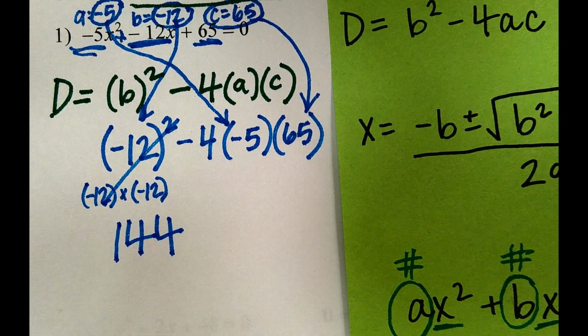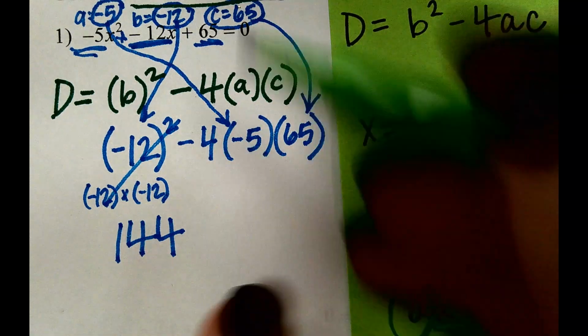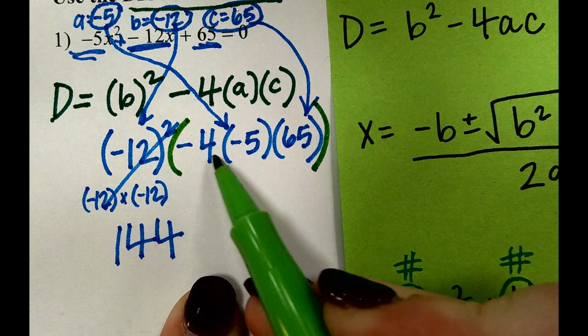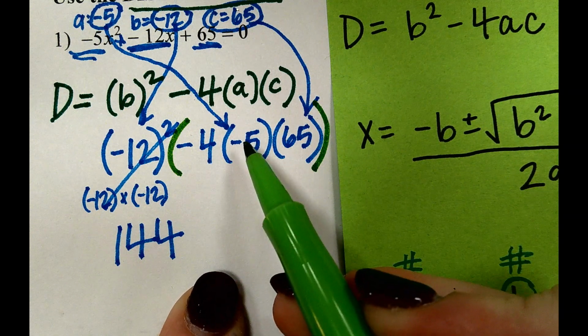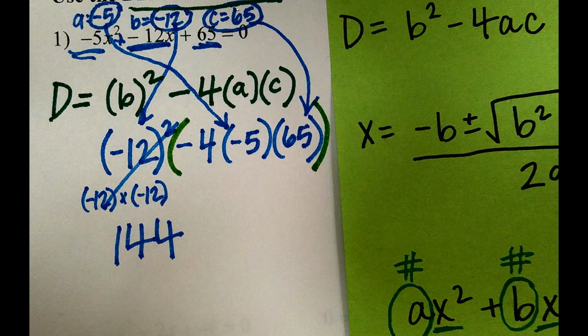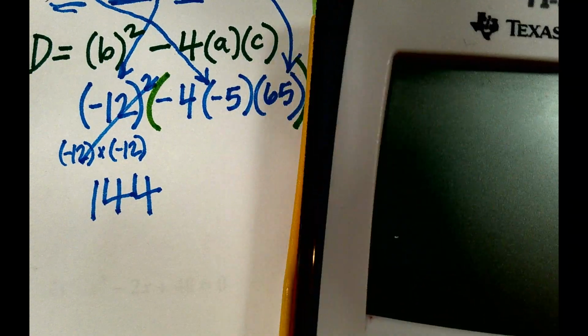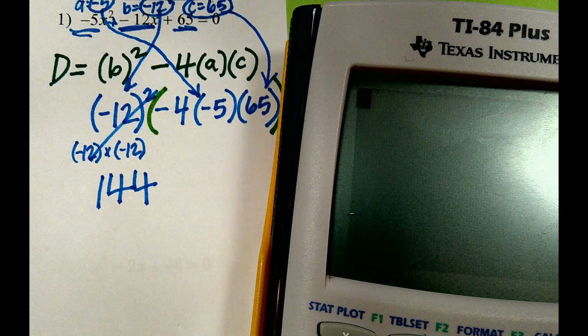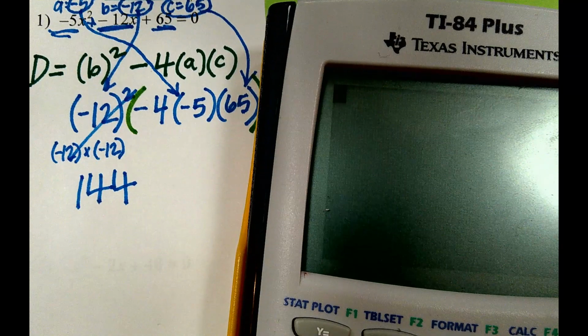Okay? And this next part is the part that I like to do all at once. Negative 4 times negative 5 times 65. Type it all in at once on your calculator. If you get a negative number, you subtract. If you get a positive number, you add. So let's see.